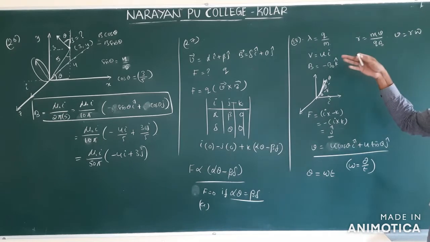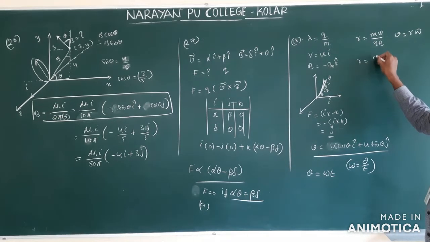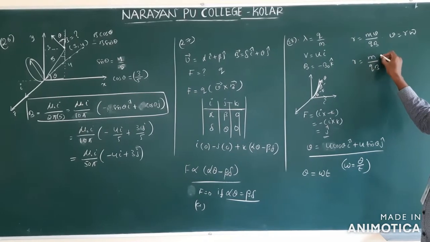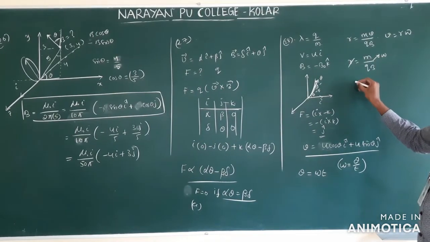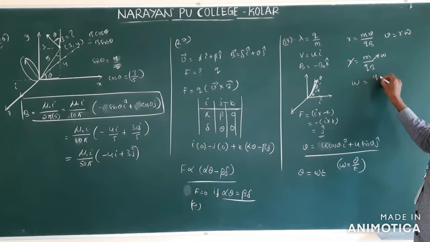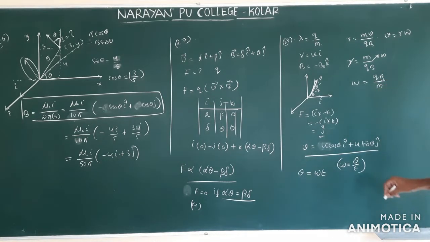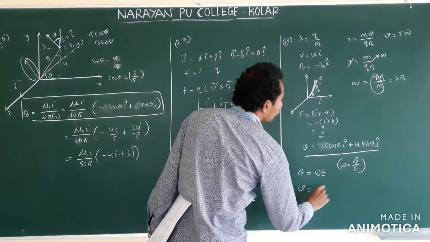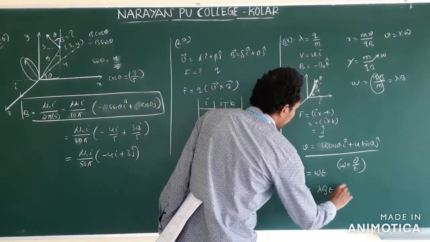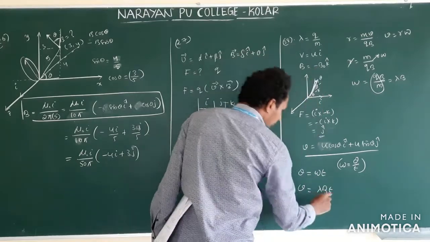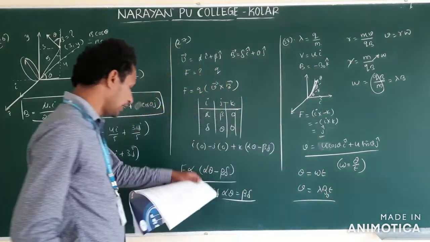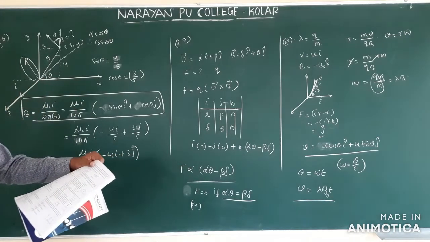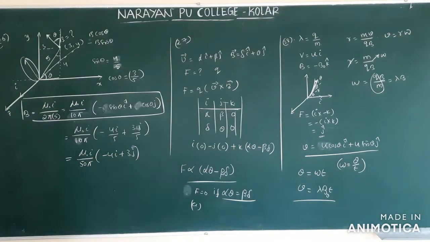Canceling r, omega is equal to qb by m. What is q by m? Lambda. So omega is lambda b, and theta is equal to lambda b t. Here b is given as b naught, so theta is lambda b naught t. Option 2 is correct.